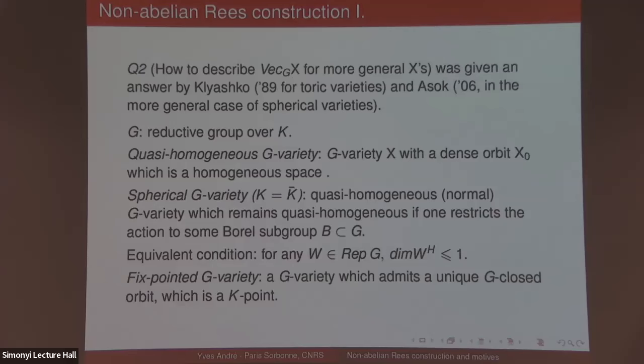If the variety is affine, this has a very simple translation. If it is defined by an affine algebra A, so G acts on A, then the G invariants of A are just reduced to the field K. So that's for the terminology.